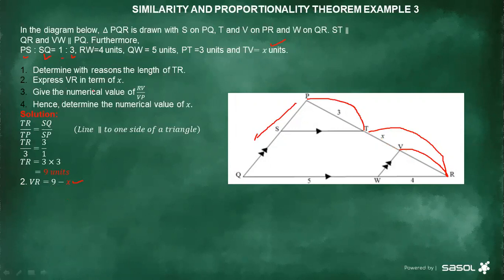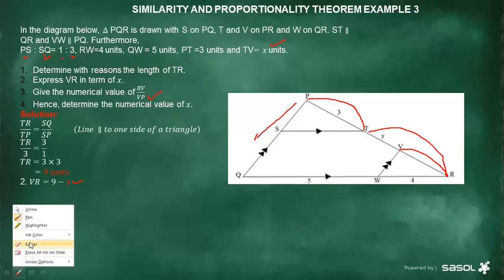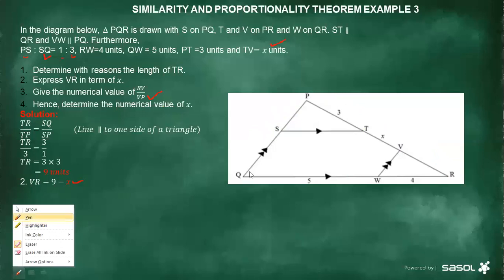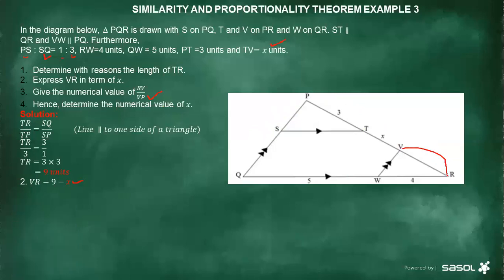And then 3, give the numerical value of VR over VP. Where is VR? Let's go and look for that. Let me just clean our diagram first. Now let's look for VR. Where is VR? VR is this one, divided by VP. We want that.